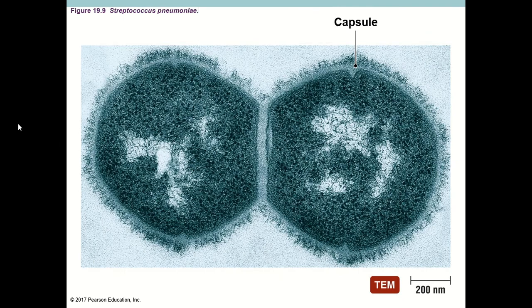So here we're looking at Streptococcus pneumoniae, which is an opportunistic bacteria that infects the lungs of people that are already immunocompromised. So if anyone happens to get the common cold, which is caused by a virus, that person becomes immunocompromised within their pulmonary system.